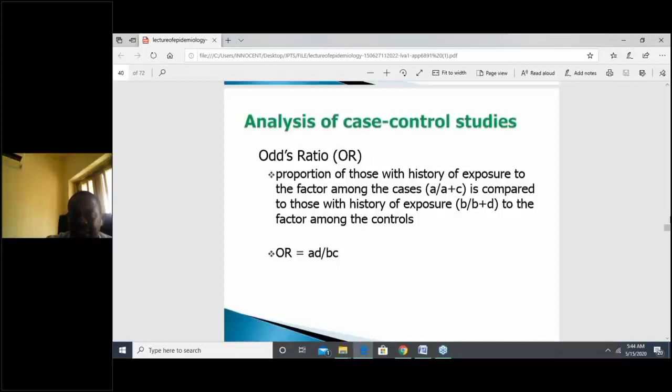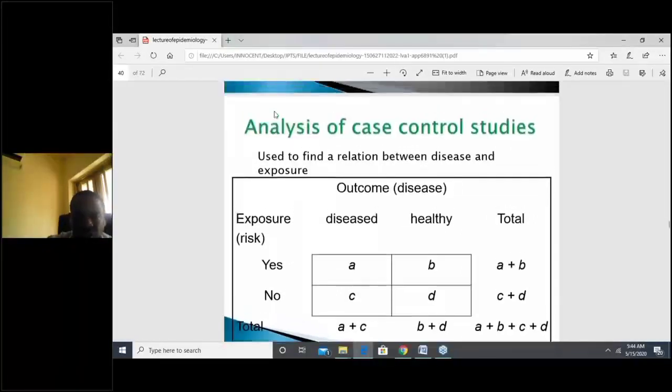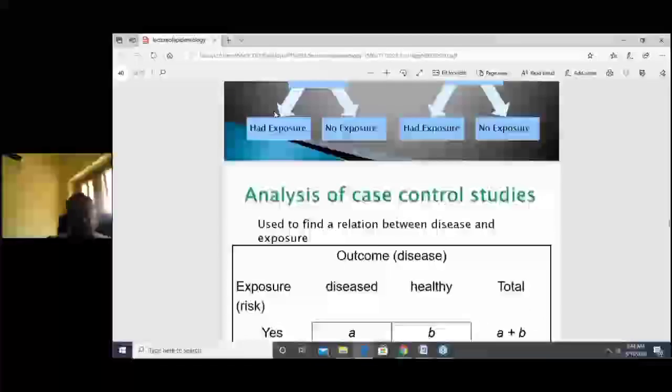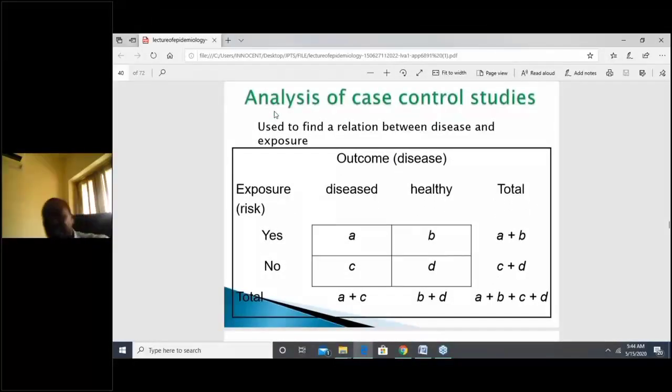So we're doing analysis now. We are looking at analysis of case control studies. We are using it to find the relationship between the disease and the exposure. In that analysis, you look at the disease, the healthy, which is the outcome.